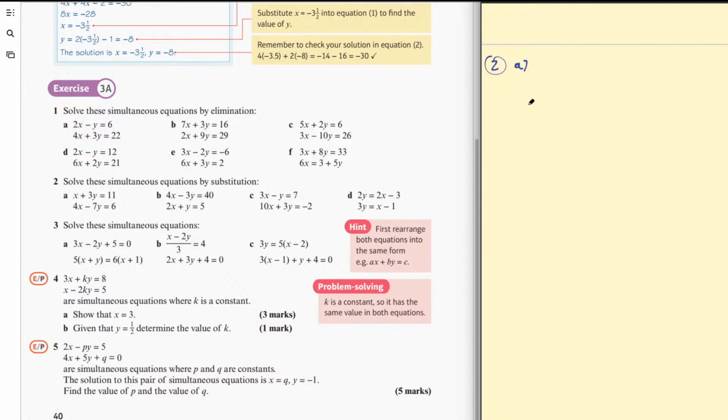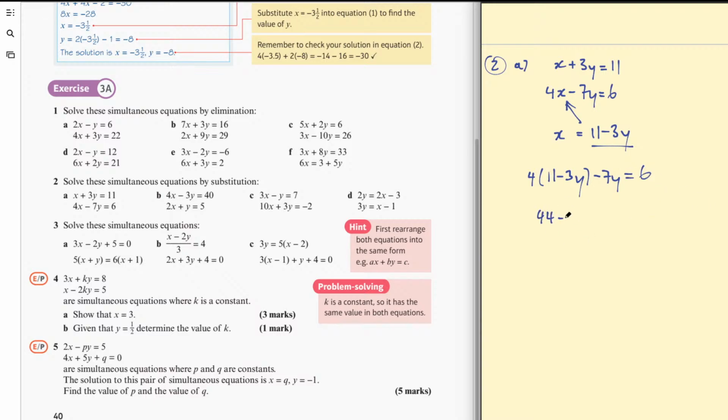So 2a, we have x plus 3y equal to 11 and 4x take 7y equal to 6. I guess they want us to rearrange equation 1, so this would now become x equals 11 take 3y. We substitute that into this equation, so this will be 4 multiplied by 11 take 3y. We're taking this value for x, substituting in here, take 7y equal to 6, and then we solve for y.